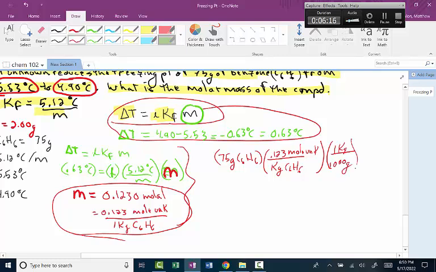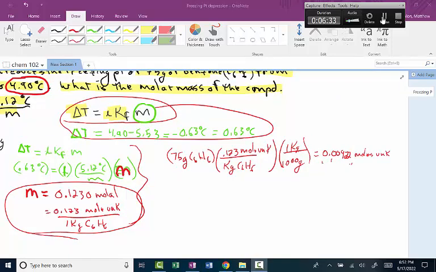So 75 times 0.123 divided by 1,000 equals 0.00922.